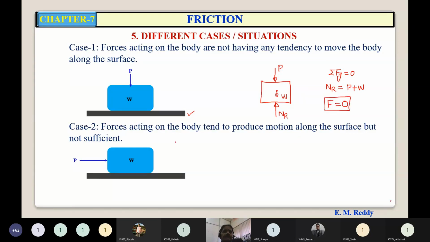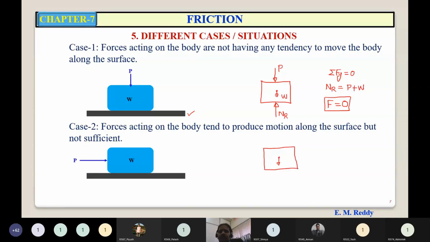Now, in the second case, the forces acting on the body tend to produce motion along the surface, but not sufficient to produce the motion. So here force P is acting horizontally towards right. This force tends to move the body, but the magnitude of that force is not sufficient to produce the motion. So when you draw a free body diagram, what are the forces acting on it?